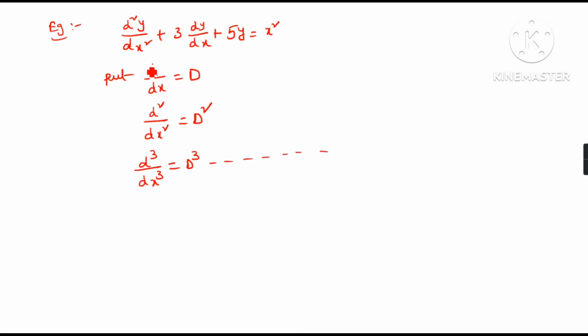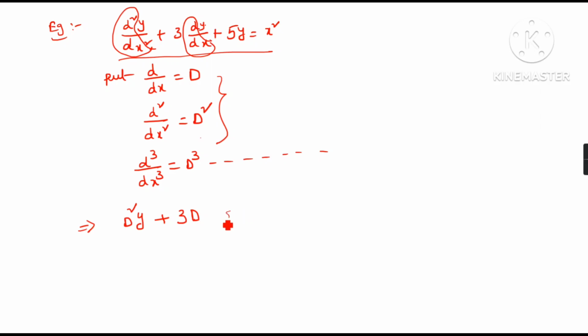Whatever derivatives are involved in the differential equation, we consider like this. In this problem we have d square y by dx square, so put D square, and the remaining is y. Plus 3 into dy by dx: instead of d by dx, put D, so 3 into D and the remaining y. Plus 5 into y equals x square.